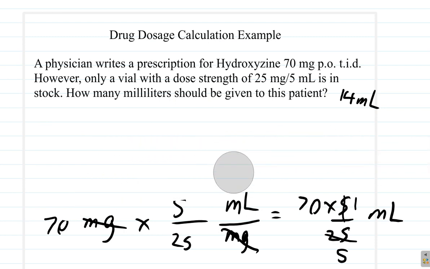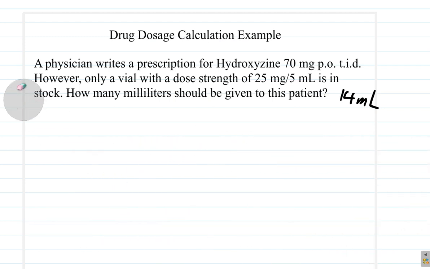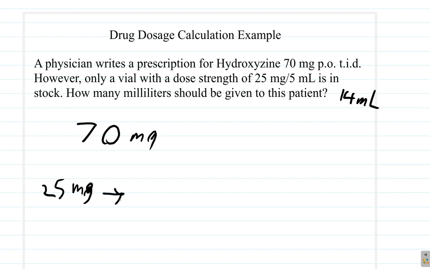Let's also argue it out this way. The other thing I could say is that we have to give the patient 70 milligrams. Now, if you give 25 milligrams, that means you would have to give 5 milliliters, but that would not be enough.